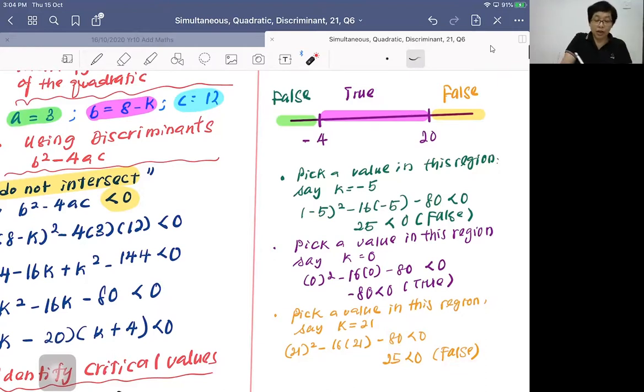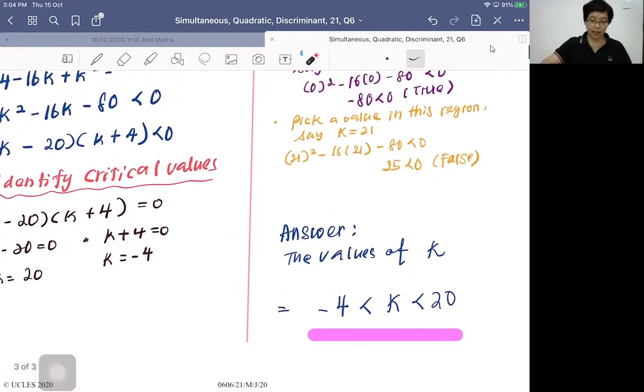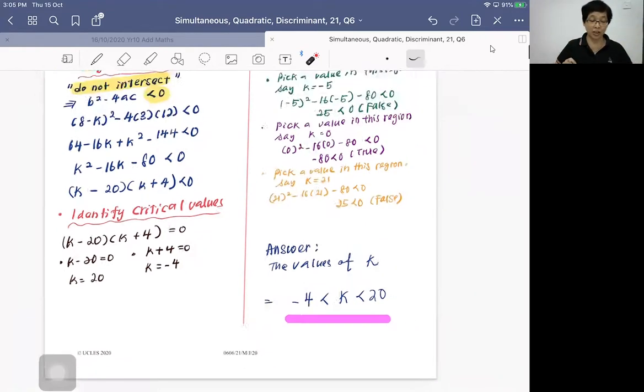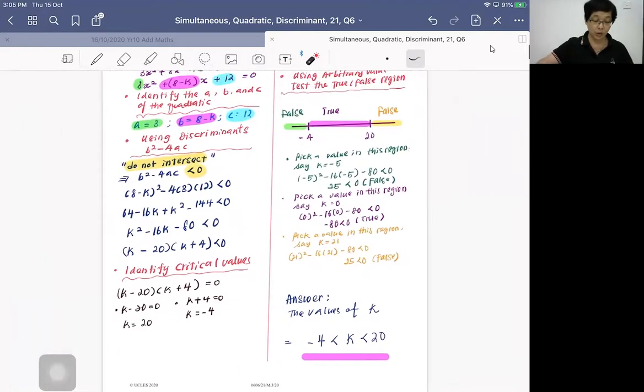Now, once you got this from your calculator, you know that the true values are only within this region. Therefore, finally, there's time for your champagne celebration. The values of k are less than 20 and bigger than -4. Done. Congratulations. There you go.